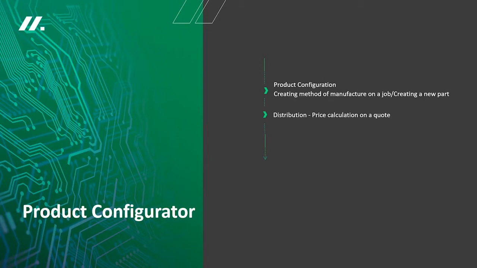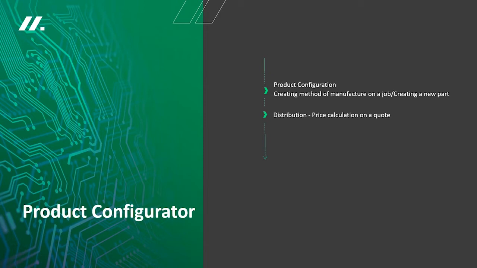So this is the first thing we will go through, and the other one, maybe not so standard, is our usage of the product configurator as a tool for price calculation for a distribution transaction. This second thing is not related to any manufacturing stuff.